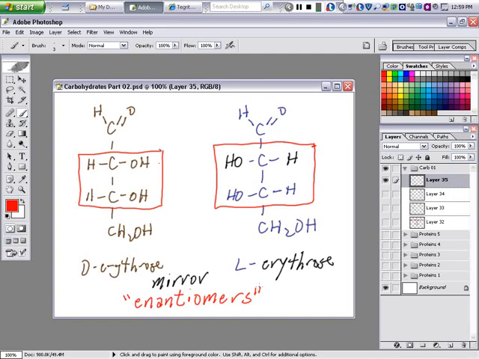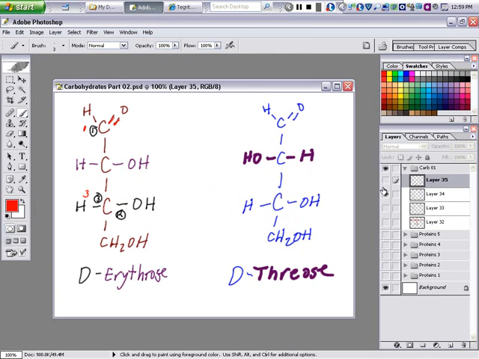And let's do the most famous. And again, these are both aldotetroses. Now, let's go back. I need to give you one more word. Now, D-erythrose and D-threose, are they mirror images of one another?